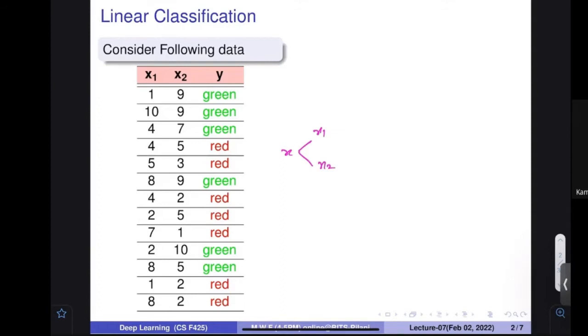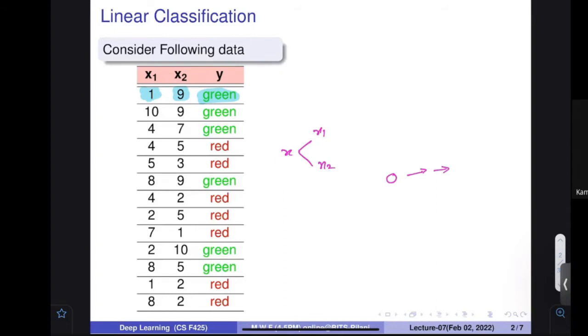So there was some item, and for that item we measured the value of x1 and the value of x2, and let's assume the values are 1 and 9, and it was green. Let me also try to give some fictional connection with this data.